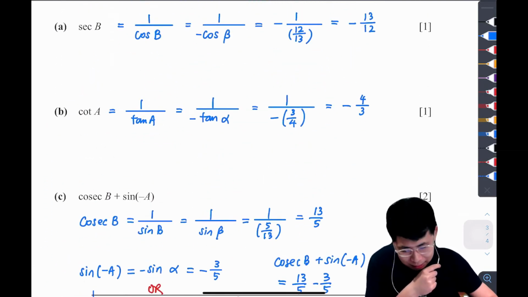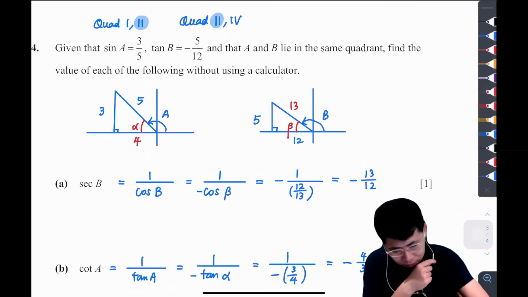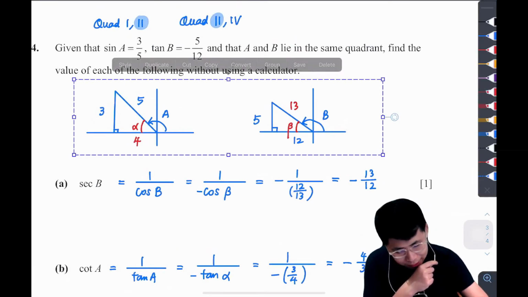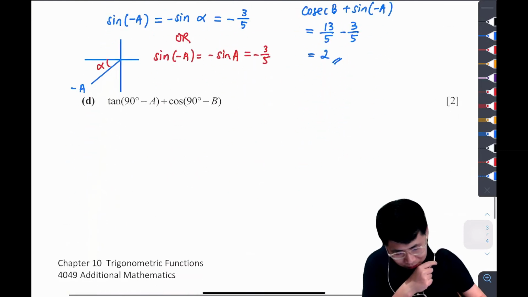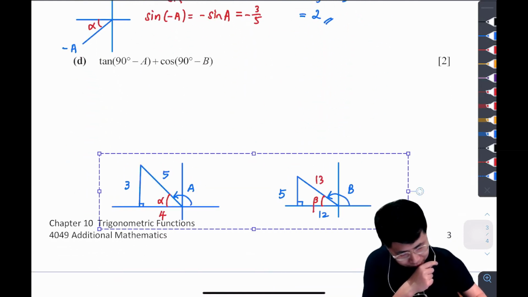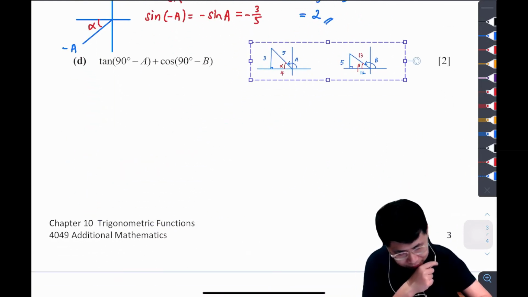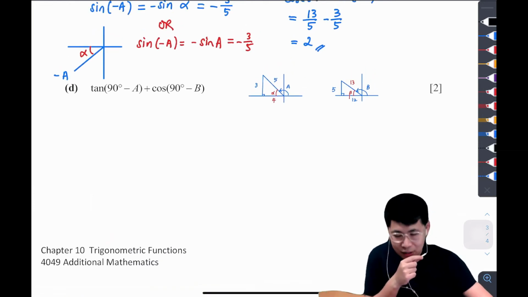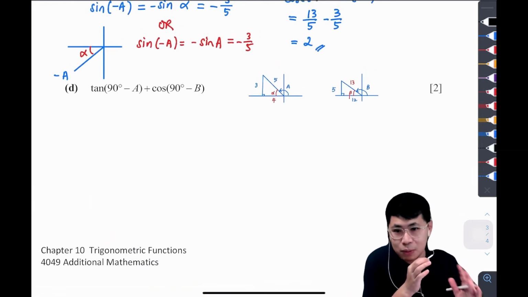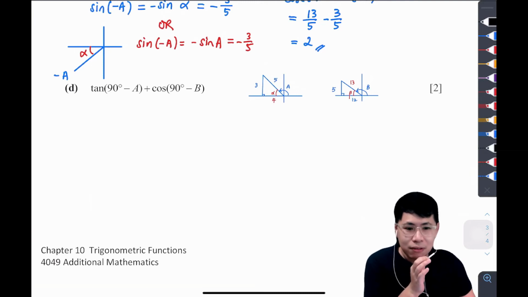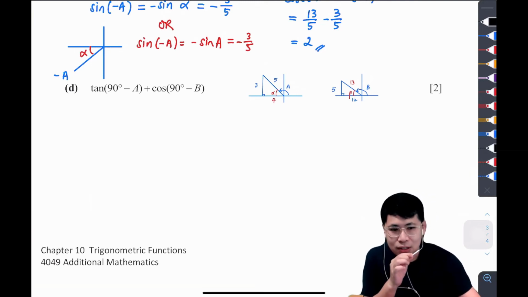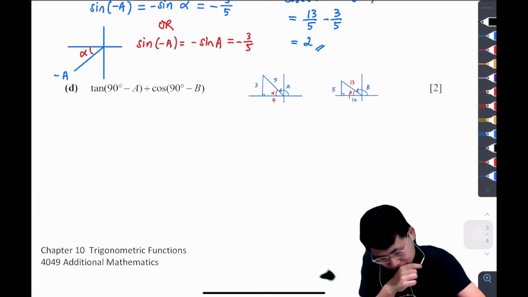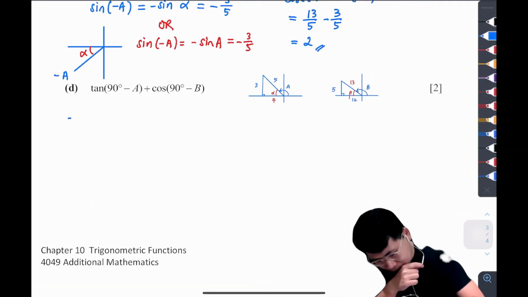Now part D. Let me bring this down so that I can show you what's going on. Let me shrink this and put it here. Now, tangent of 90 minus A and cosine of 90 minus B, I'm going to make use of the complementary angle formula. Let's try this and see. Do one by one.